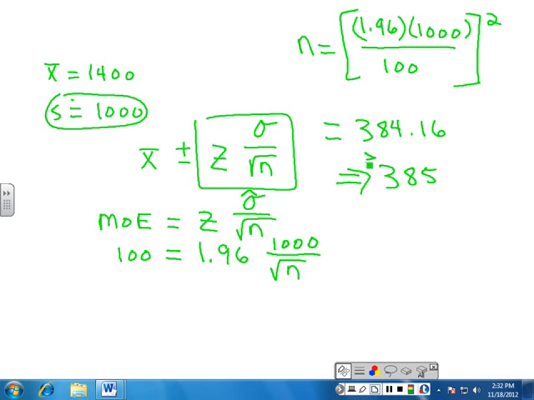Let me hasten to add that had that sample size come out to be, let's say, 36, the 36 would satisfy the desired margin of error, but we would still have to look out for outliers and extreme values.